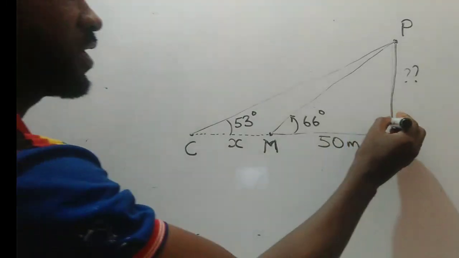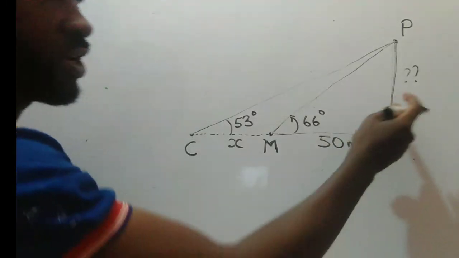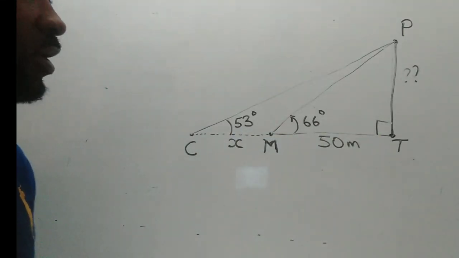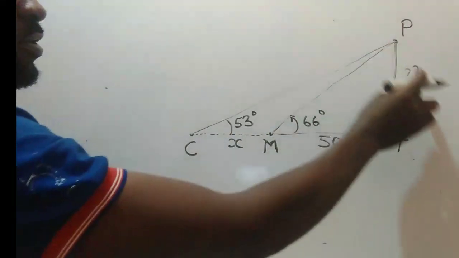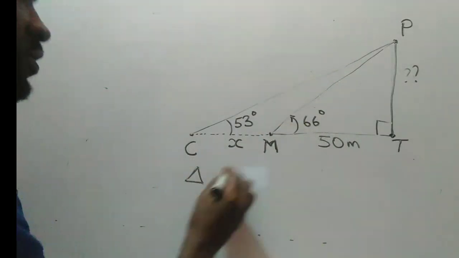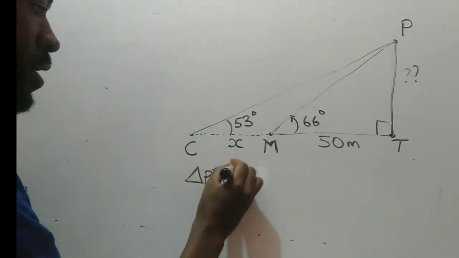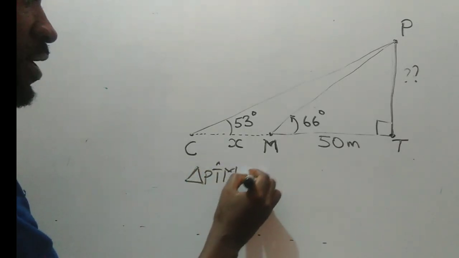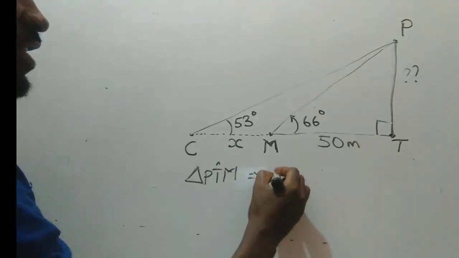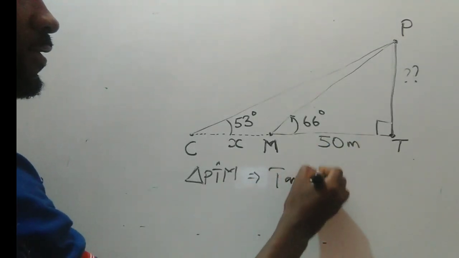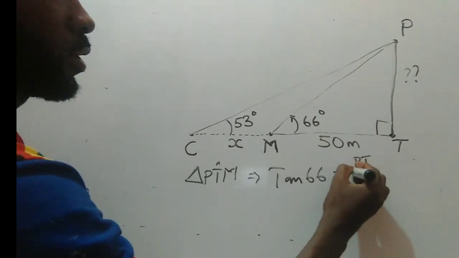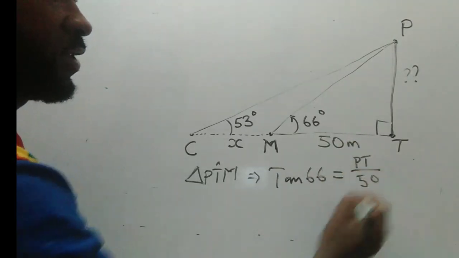If you observe, this building is forming a right angle with the horizontal. So therefore, we have a right angle triangle. So in triangle PTM, I'm going to have opposite over adjacent. So tan 66 is equal to opposite, which I don't know, which is my PT, over adjacent, which is 50.